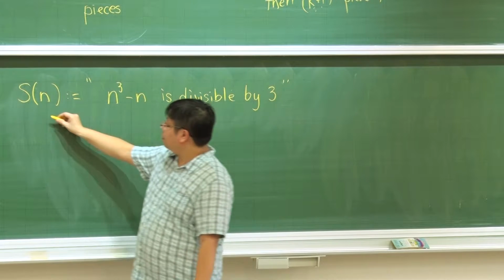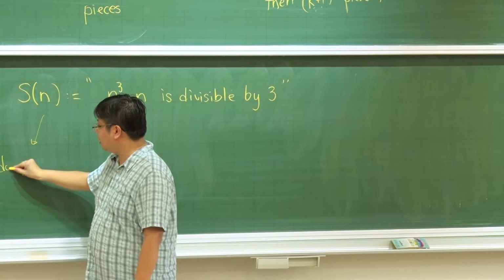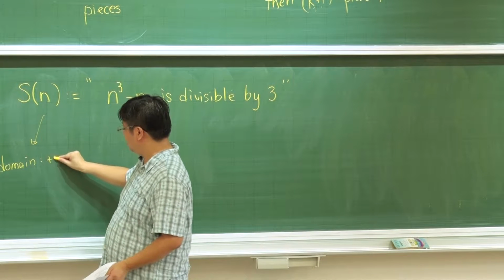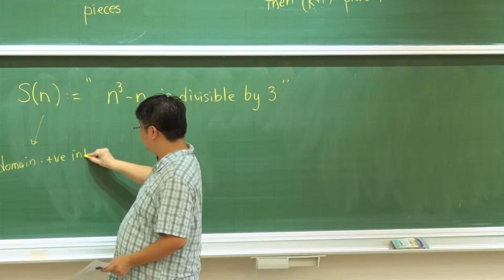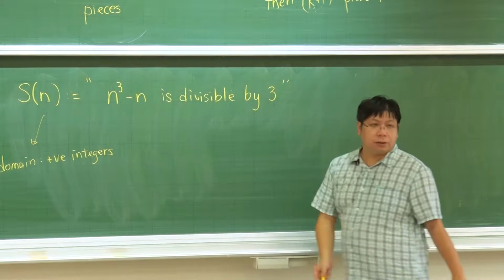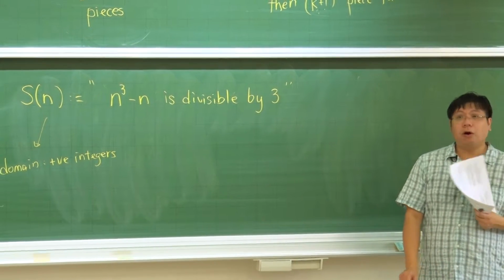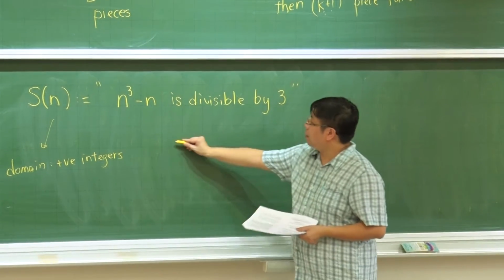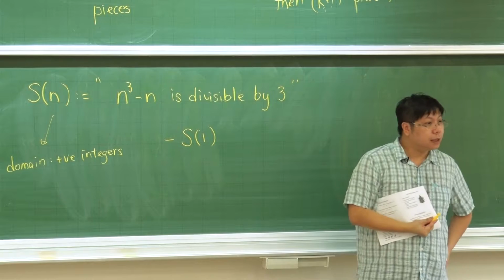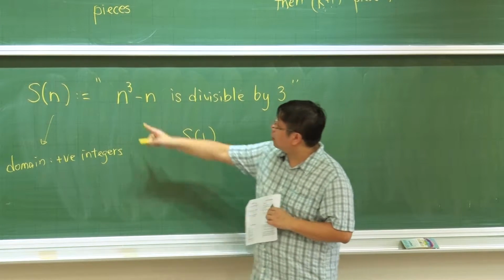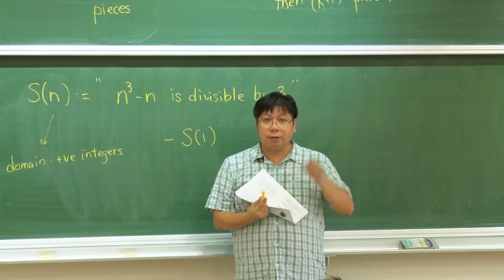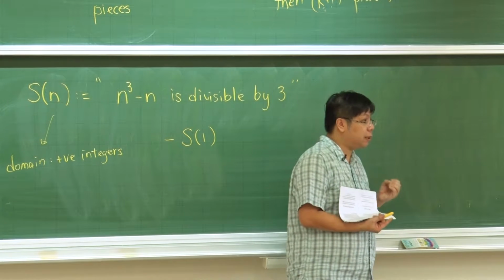And let's assume that the domain of n is all positive integers. If the domain is all positive integers, then the basis case will be S1, right? What is S1? Take a look. 1 cubed minus 1 is 0. Is 0 divisible by 3?